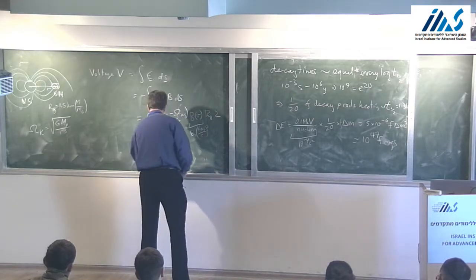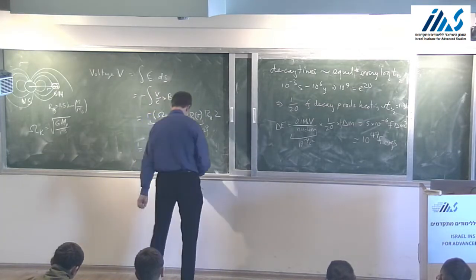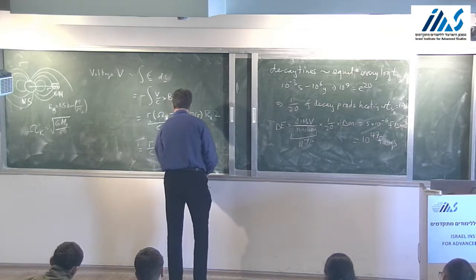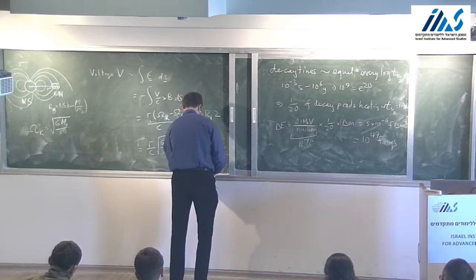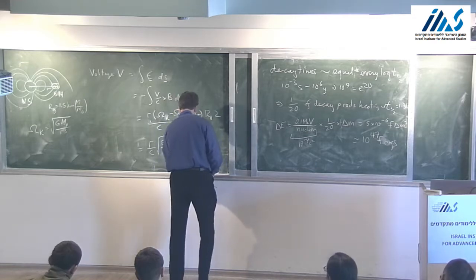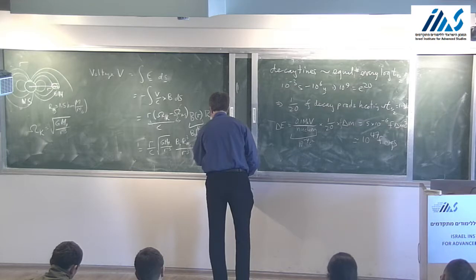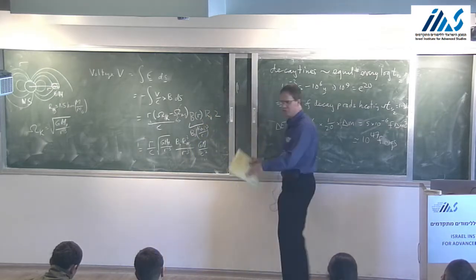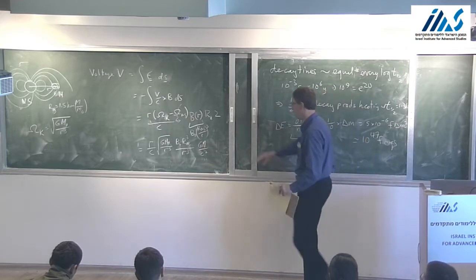So collecting everything, we get V, the voltage, is r over c, square root of G M_BH over r cubed, B_0 r neutron star cubed over r cubed times GM over c squared, and I've dropped the 2s and 4s that might be floating around.